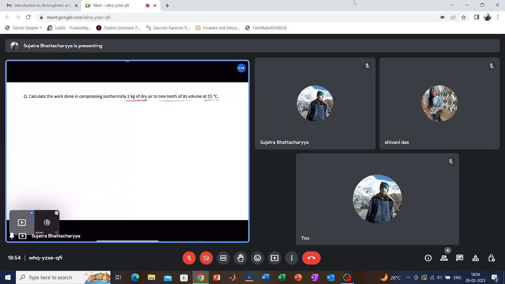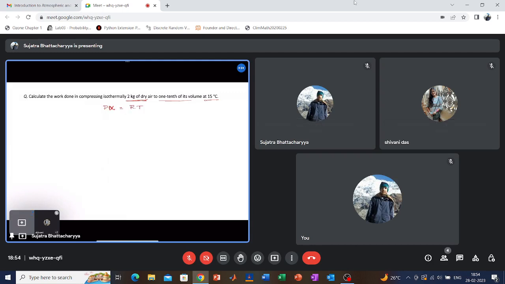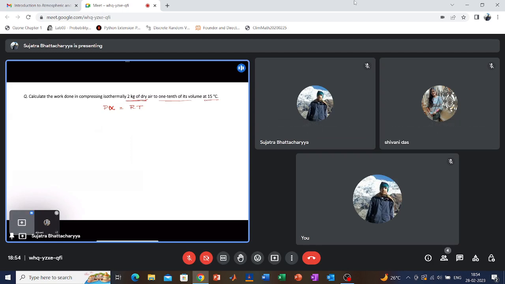Now, what we will do is derive the work done. Let us write P alpha is equal to RT. So P will be equal to RT by alpha.